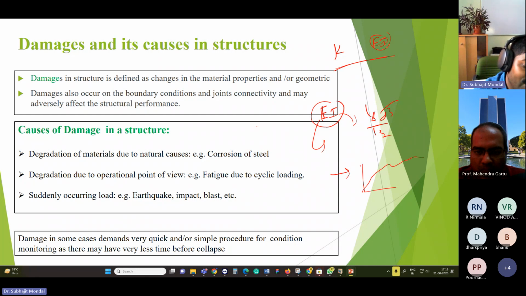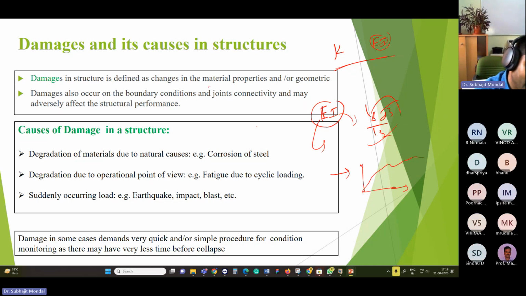But here we are considering that though there is damage, the structure is still behaving in a linear fashion. Then only can we use that EI or reduction in thickness concept to model it. So we can model it by reducing the material property E, or you can change the geometry to model the damage.